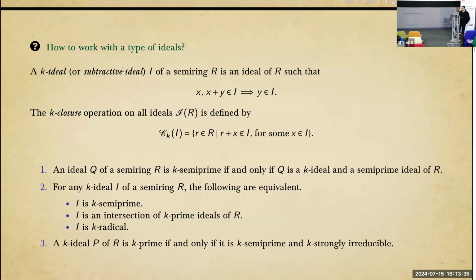Similarly, one can actually show how this primeness, semi-primeness, and strongly irreducible ideals are connected with each other. When we say strongly irreducible ideals, it's very important, at least from the topological point of view.